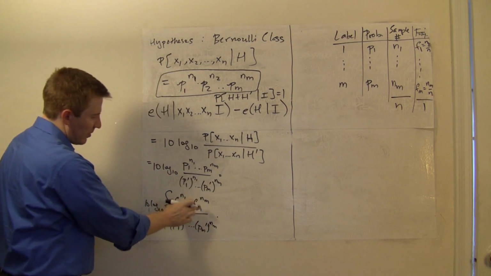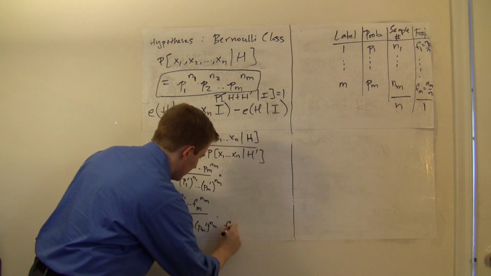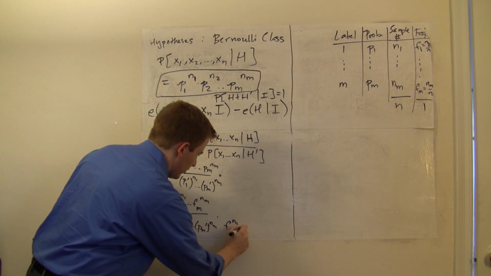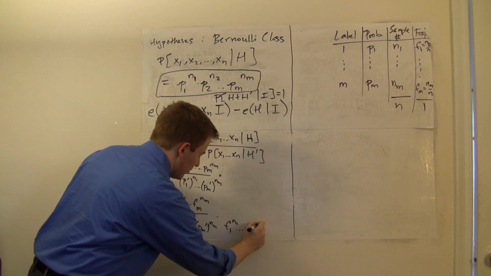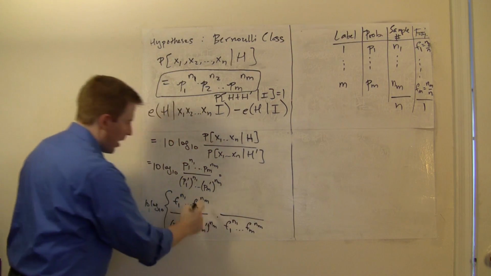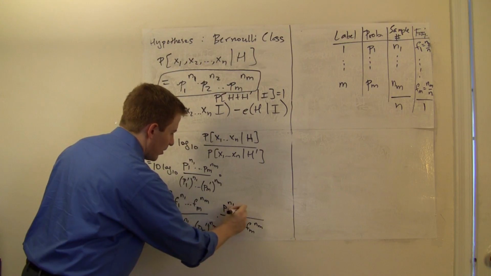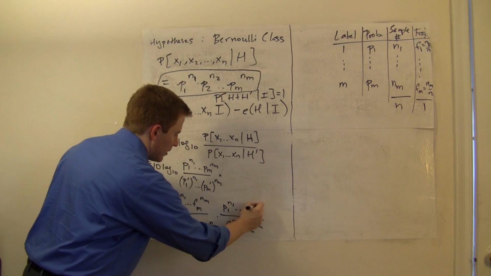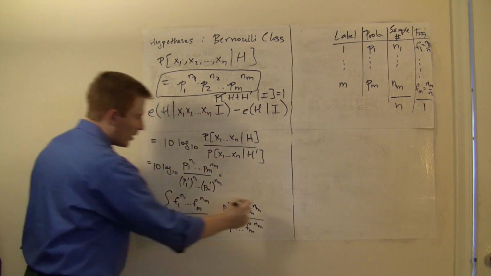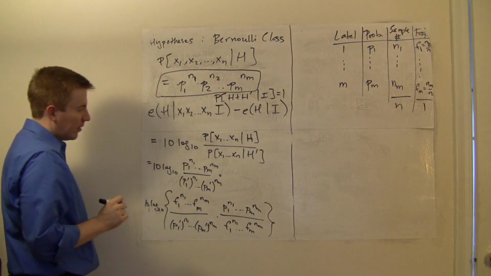We've multiplied by this thing, so we have to divide by it. No big deal. And then we have in our numerator still p1 to the n1 up to pm to the nm, log of that whole thing.